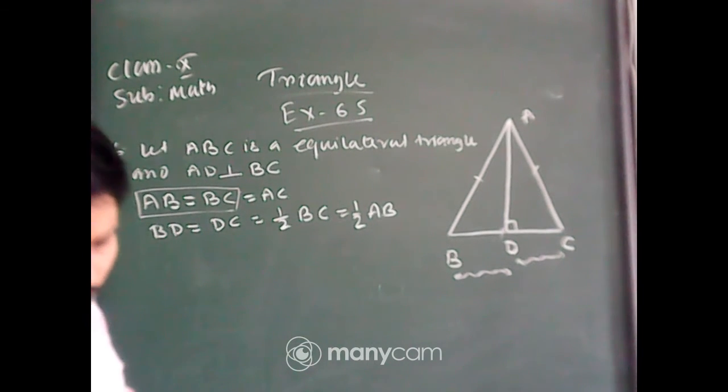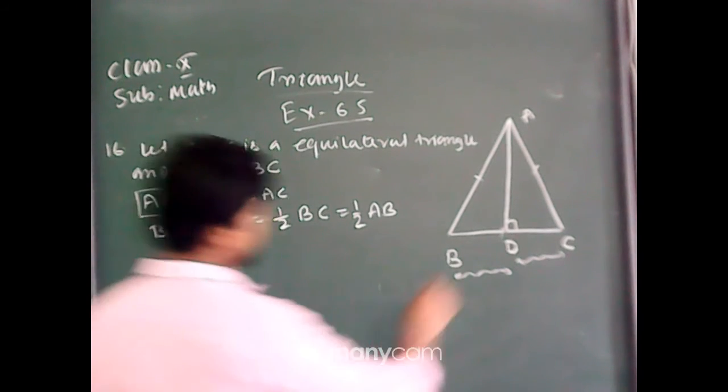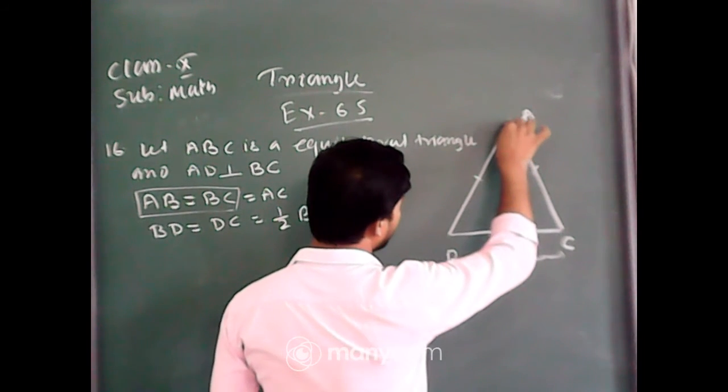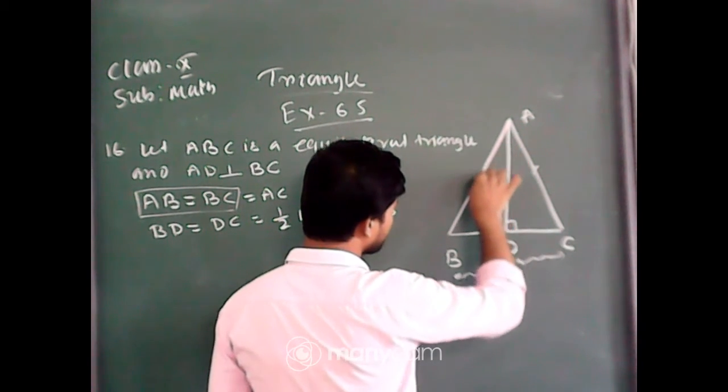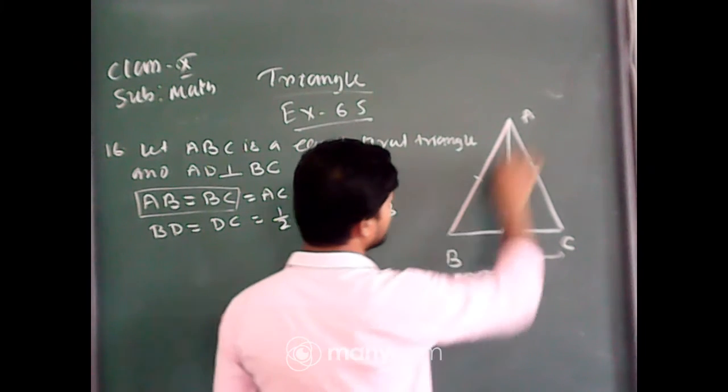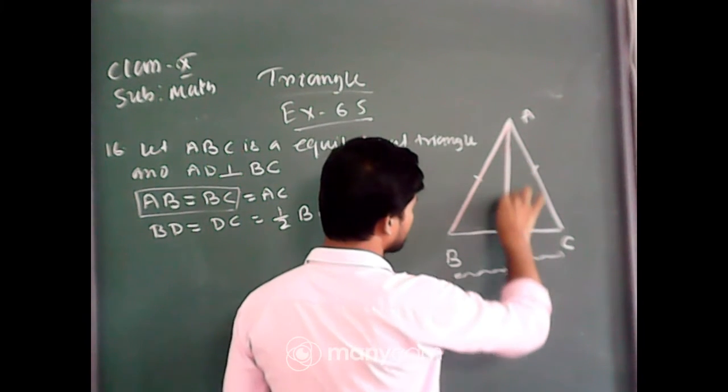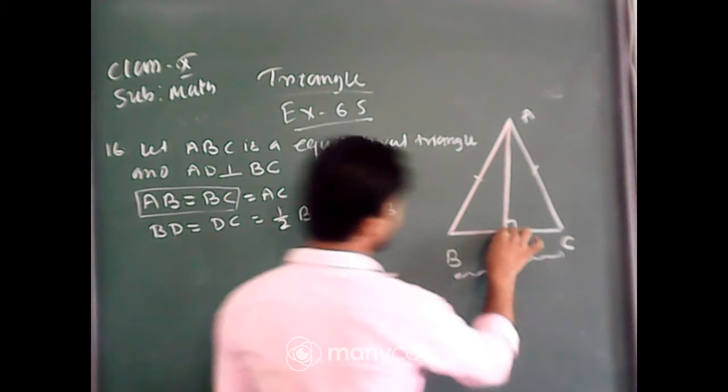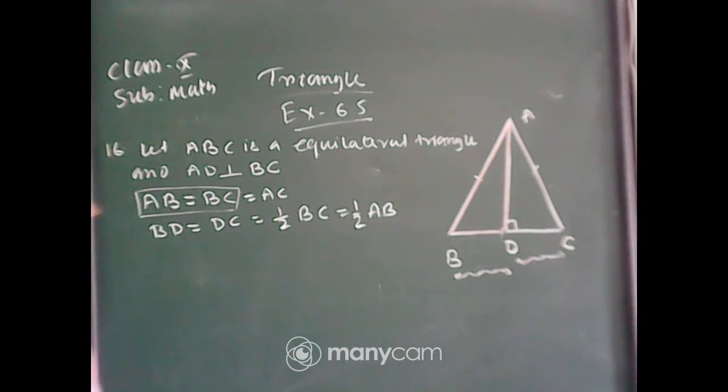Okay, so now just consider this triangle. The name of the triangle is ABD.